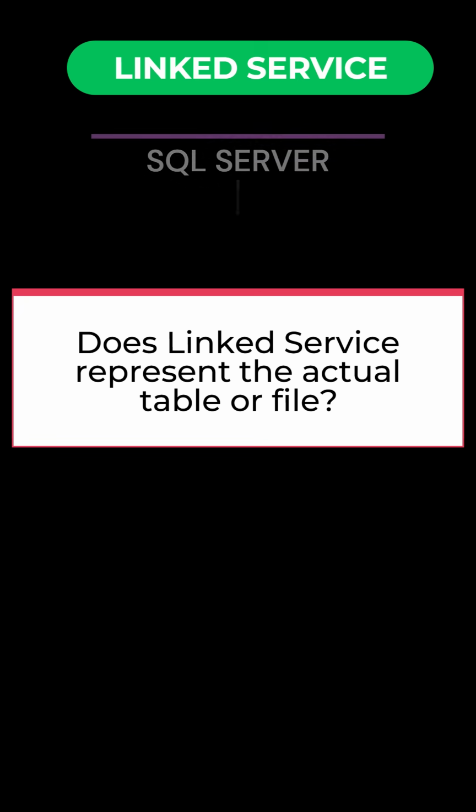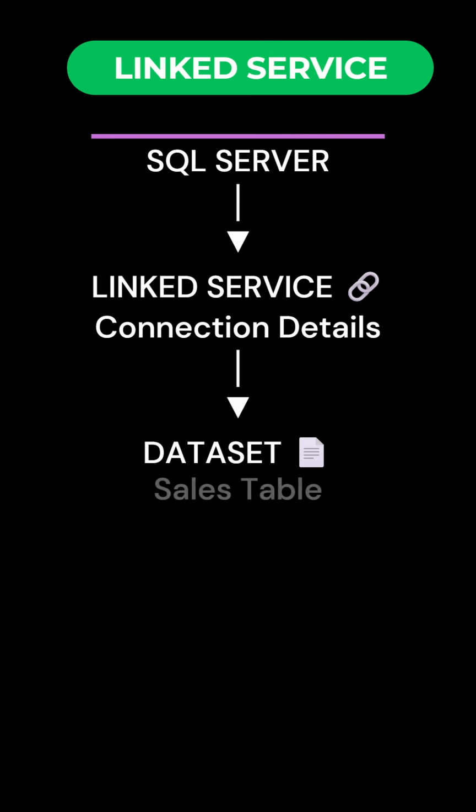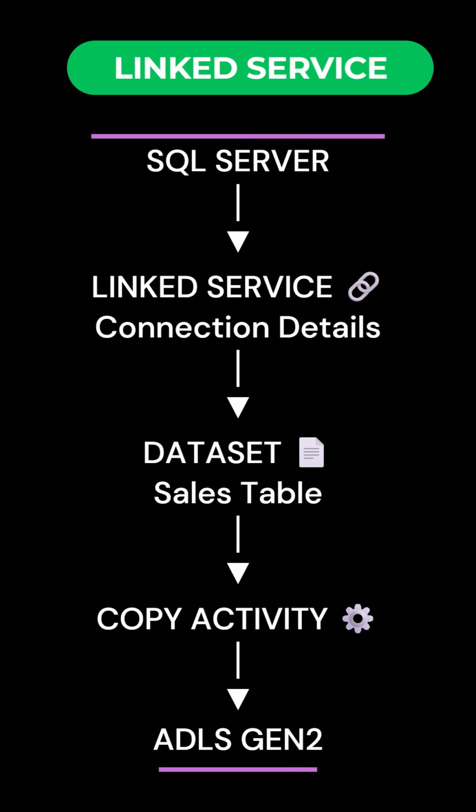For example, in a real-world data pipeline, the linked service connects Azure Data Factory to SQL Server. The dataset identifies the sales table, and the copy activity uses that configuration to move the data into Azure Data Lake Storage.